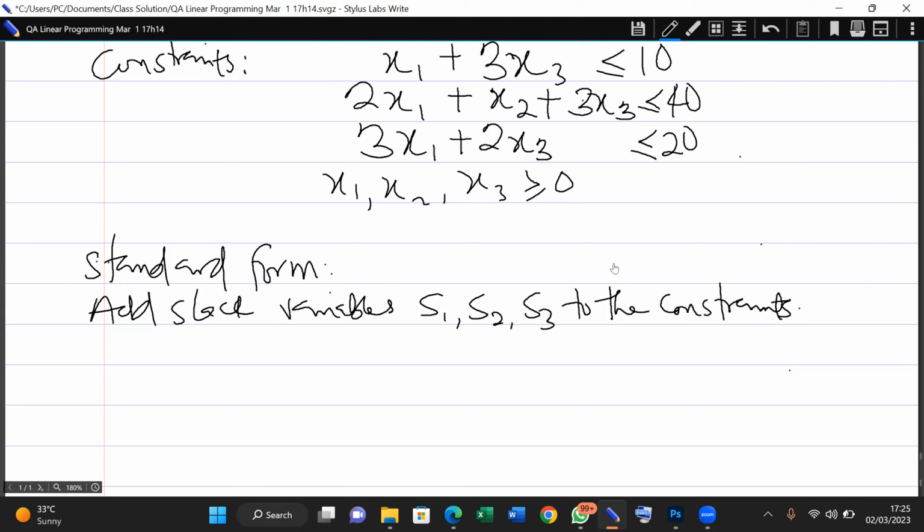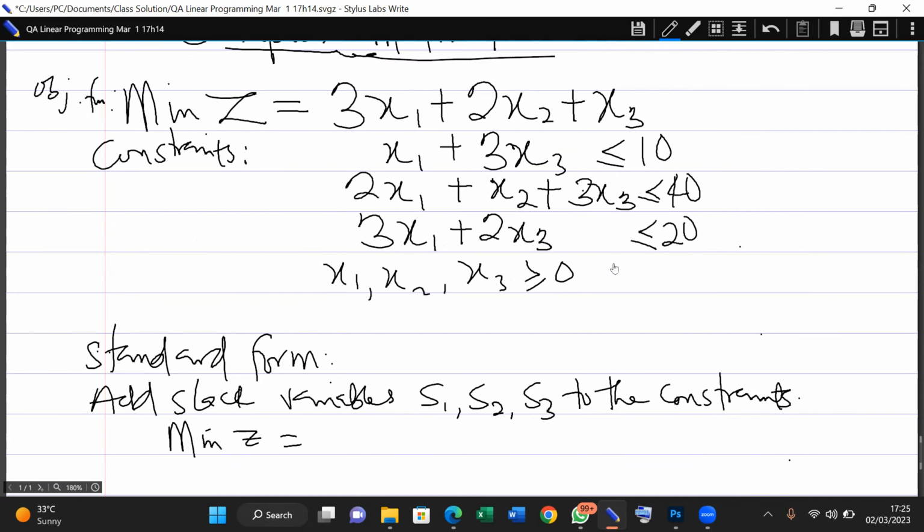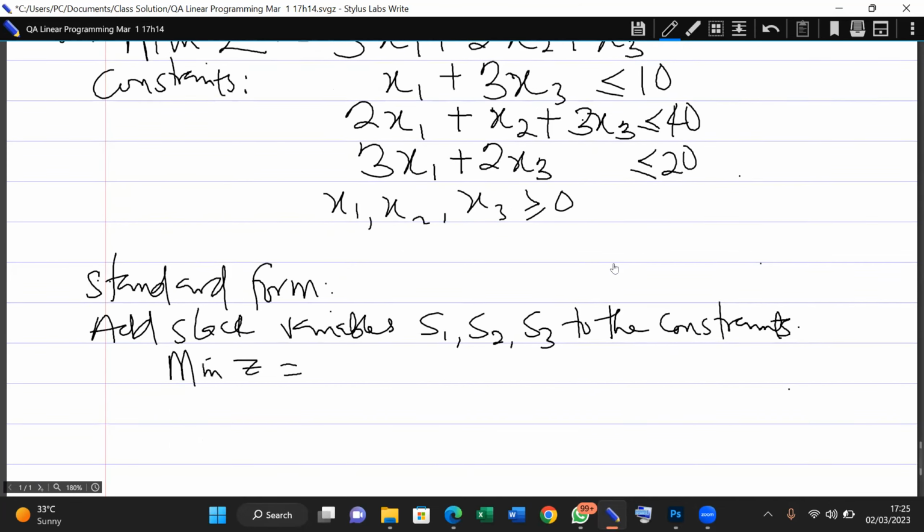Because of the standard form that they requested, you can restate your objective function and say minus Z equal to 3x1, 3x2, and x3.